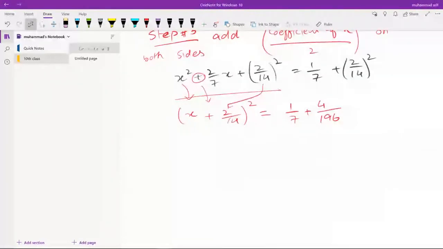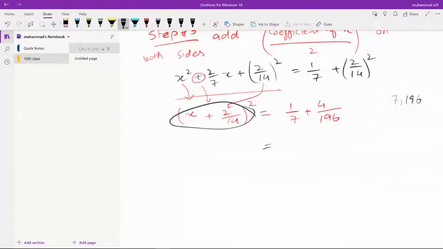Now, here we have a perfect square, and here we have 1 by 7 plus 4 by 196. What will be the LCM of 7 and 196?